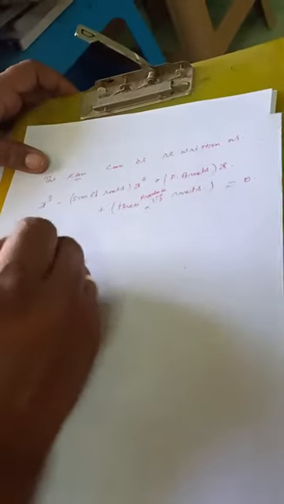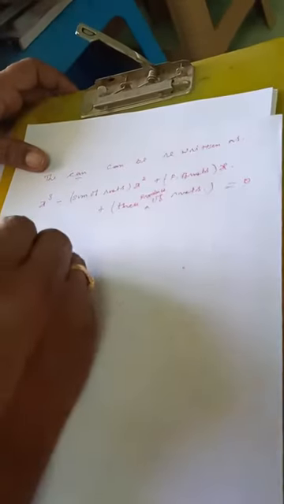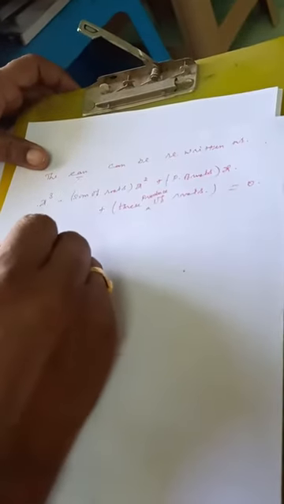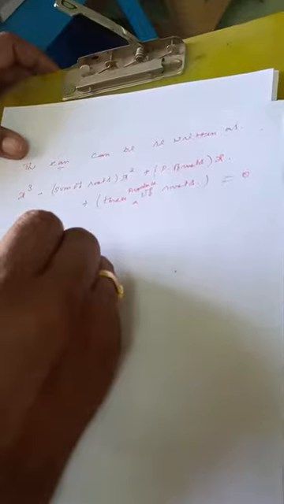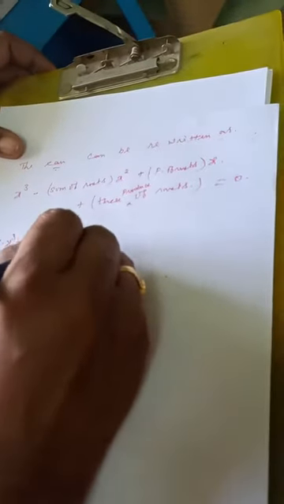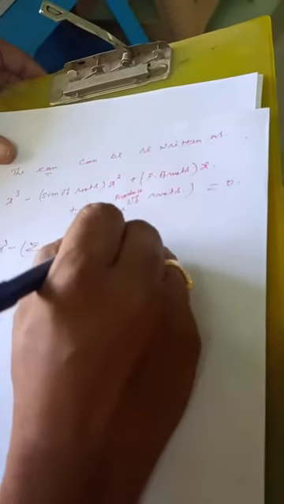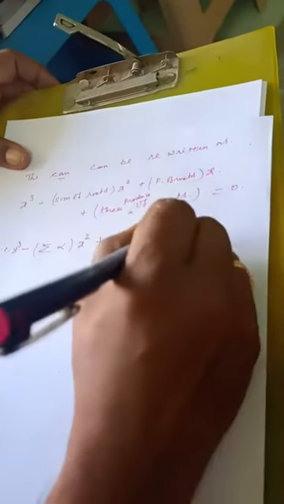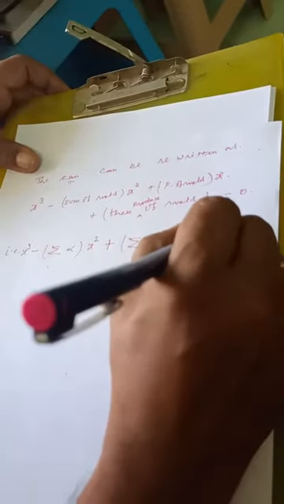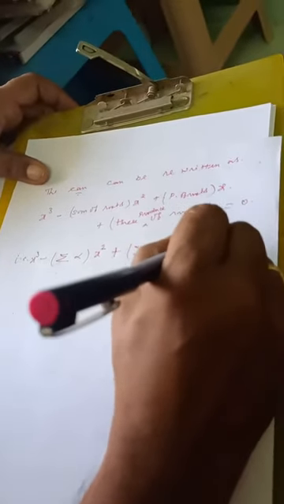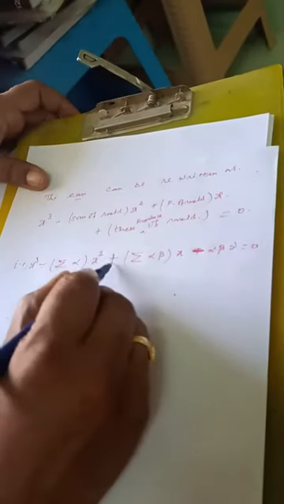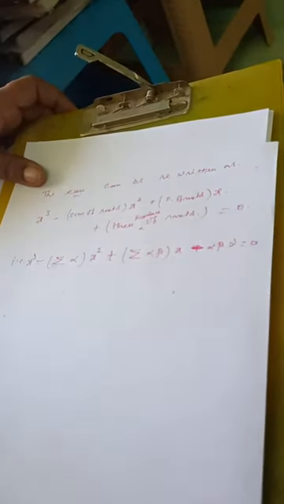Minus x cube minus sigma alpha into x plus sigma alpha beta into x square plus alpha beta minus alpha beta gamma equal to 0.